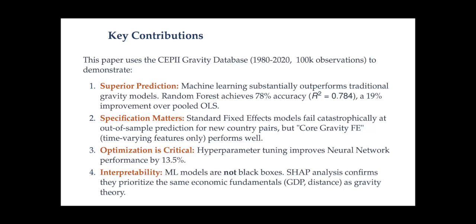The next thing I found was neural network applications. Initially, it did not perform that well, but using hyperparameter tuning, 13.5% was improved, very close to the random forest, but it doesn't have the luck to beat the random forest result, which is R square 0.78.